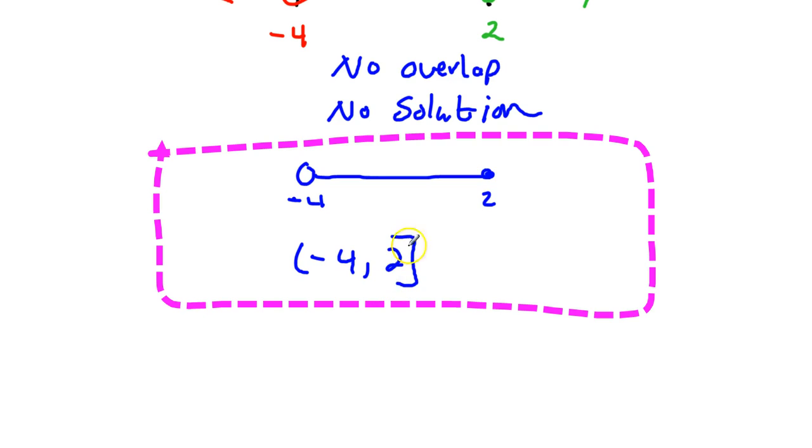You'd use a square bracket with the 2 because it had the solid circle there. So this was our what if question. What if it actually had some overlap to it, and that had been the answer we were looking for? Because they didn't ask for the graph, they would have asked for the answer in interval notation.